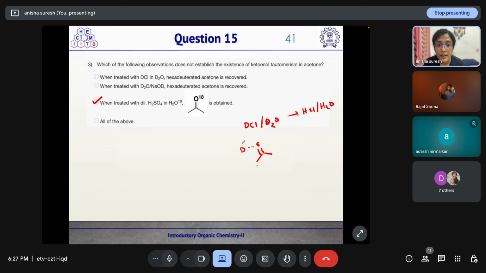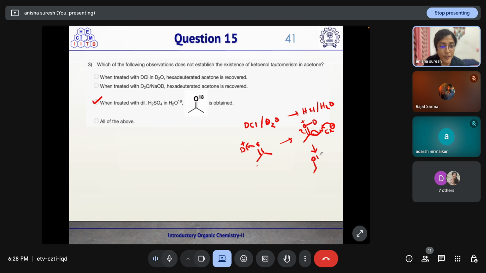It will get deuterated. This oxygen can get deuterated, leading to formation of OD plus, and then Cl minus, which is present in the medium, can abstract the proton and lead to formation of enol.